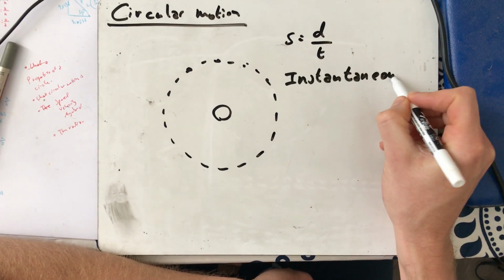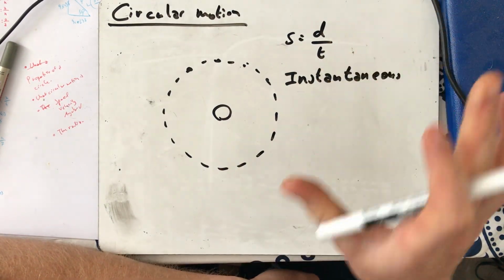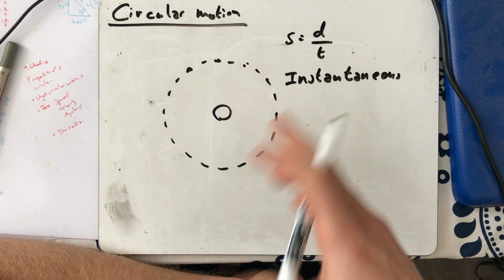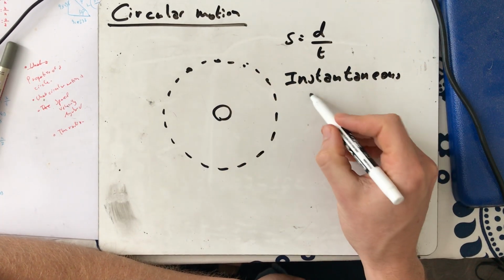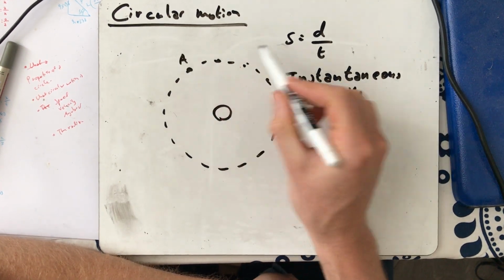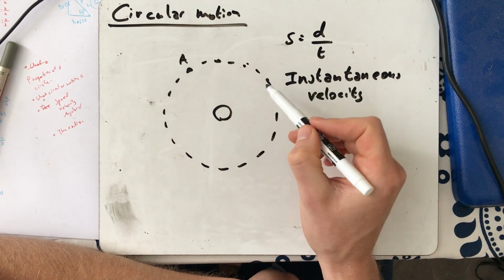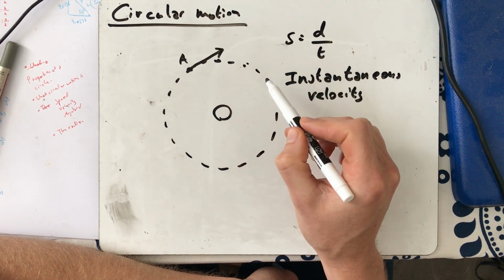And that is as though we could freeze time and see what its velocity was at that moment. Of course, things start to break down when we talk about freezing time, because if we did freeze time, it wouldn't be moving anymore. All right, but anyway, if we talk about its instantaneous velocity at this point, we'll just call that A. What we do to represent that velocity is we will draw an arrow at a tangent to the circle.